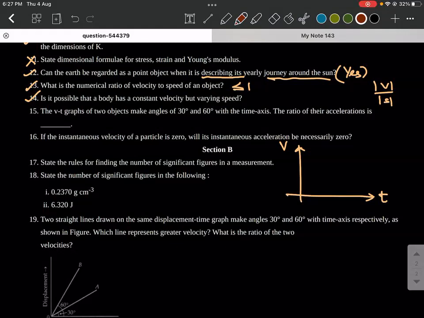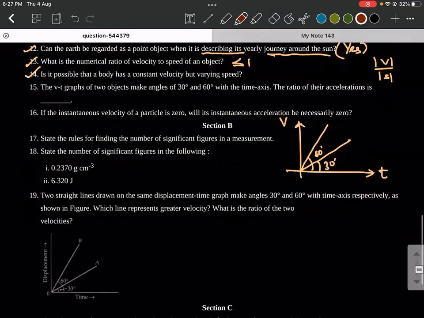So in a VT graph, there are two objects, one making 30 degrees and another making 60 degrees with the time axis. What is the ratio of their accelerations? If I take these as A1 and A2, A1 by A2 is equal to, what is the slope of a line?